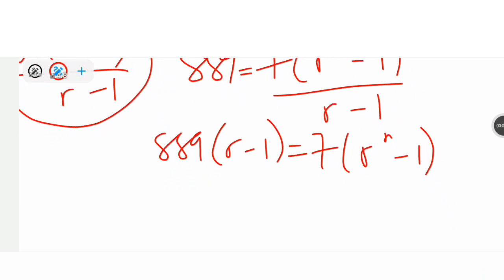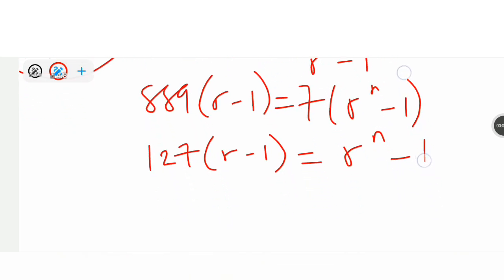The next step is to divide both sides by 7. 889 divided by 7 gives you 127. So you have 127(r - 1) equals r^n - 1. Then you can expand: 127r - 127.